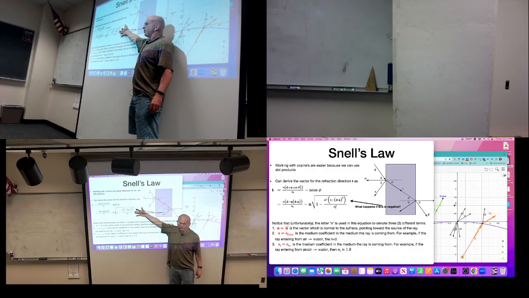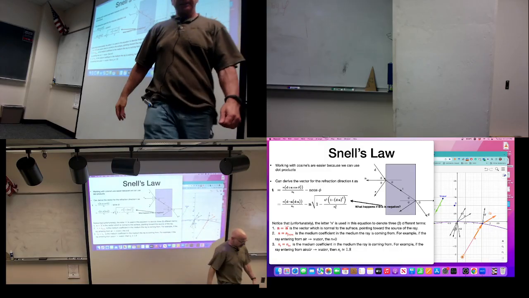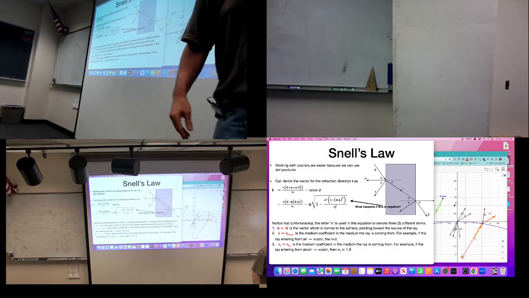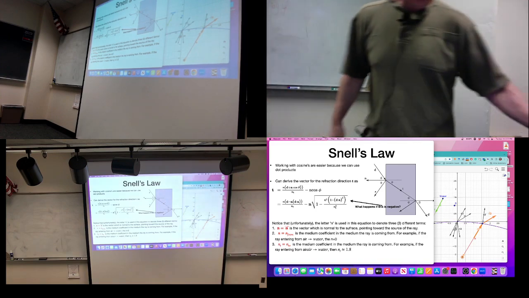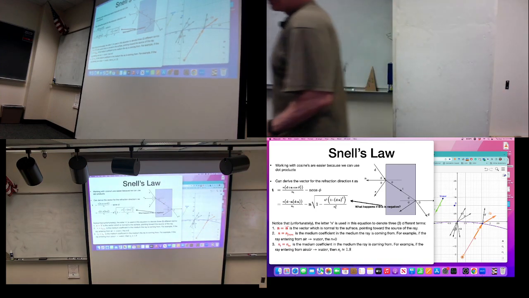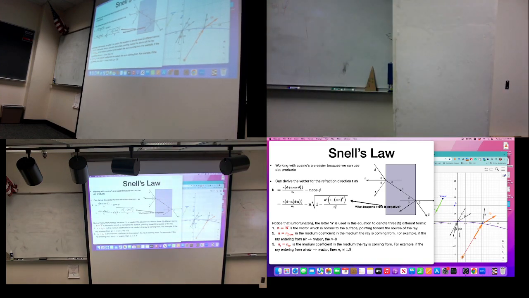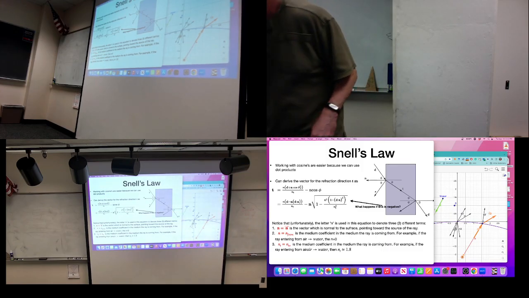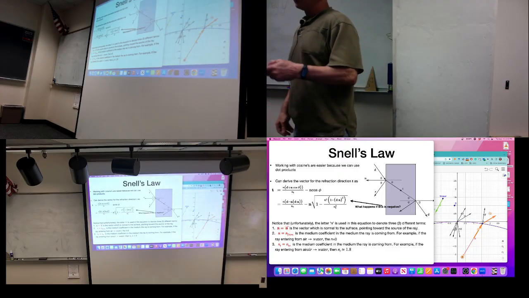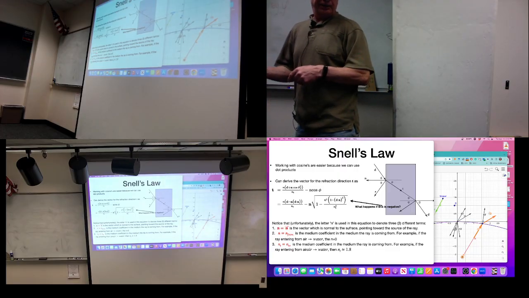What's nice about this formula is that you don't need to compute sine and cosine directly. All you need to do is vector multiplication by a constant, and oh yeah, also a square root. That's the most complicated part that you're doing.